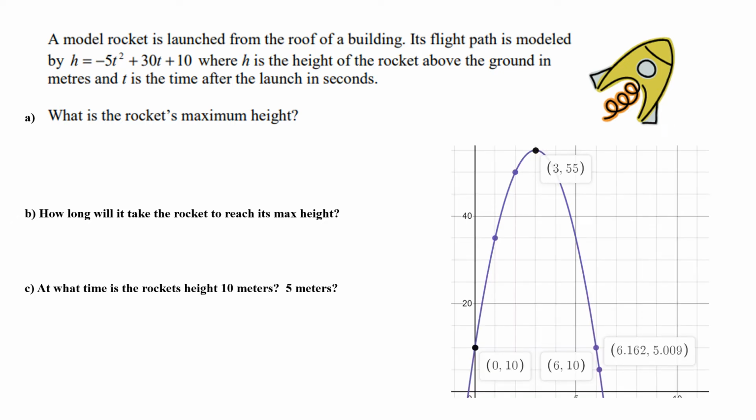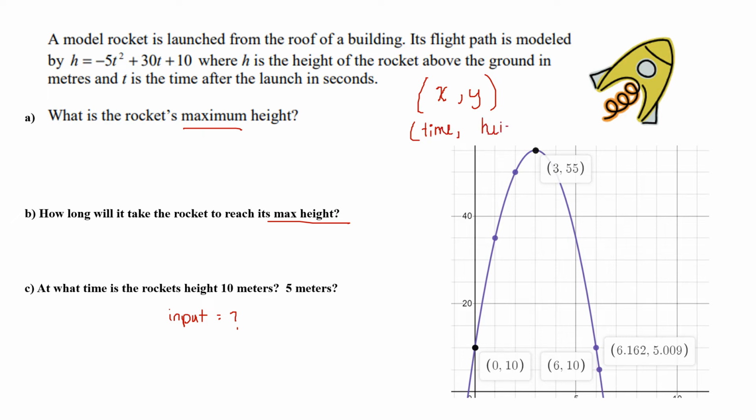So in this problem, it is actually asking you for the vertex, and this is not an x-intercept. This is asking you guys for the input when the output is 10 and 5. Okay, so the first thing I would do is let's define x and y. All right, x in this situation is time, and usually that's going to be the case.